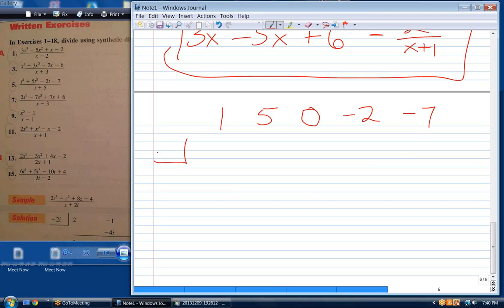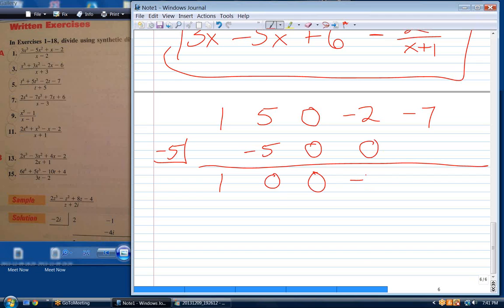And then that box is -5. Drag the 1 down, then it goes -5, 0, 0, 0, 0, -2, 10, and then 3.